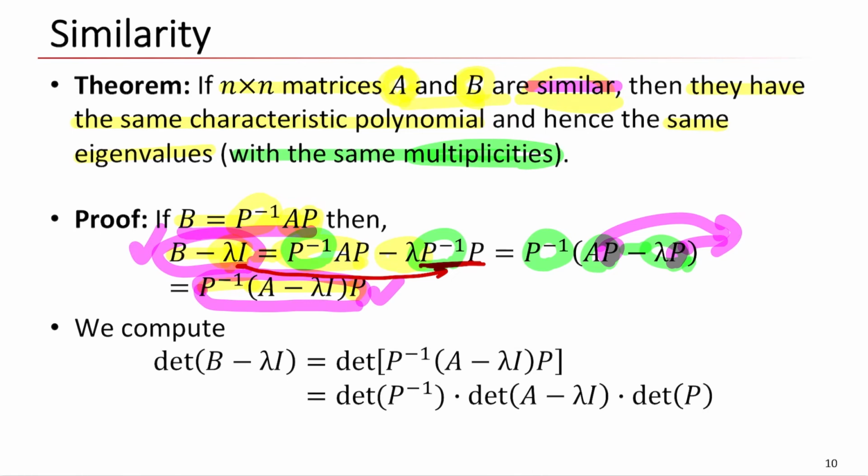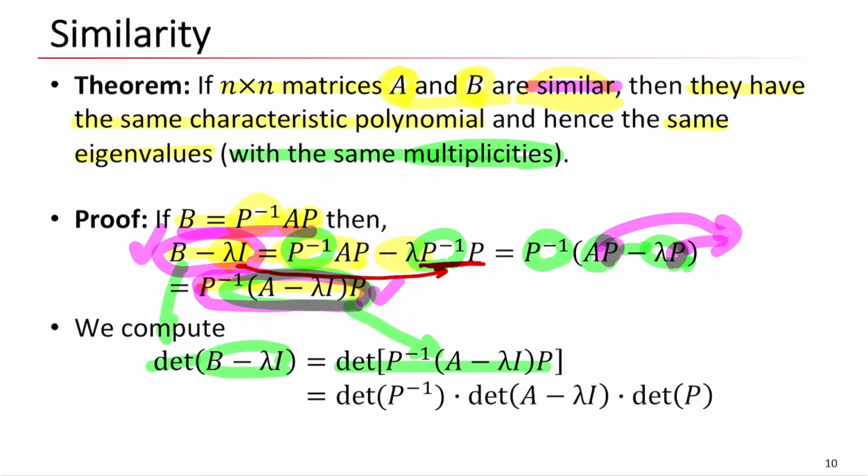Okay. So to find the characteristic polynomial or characteristic equation, we can take the determinant of B minus lambda I. In this case, the determinants should be equivalent to each other.